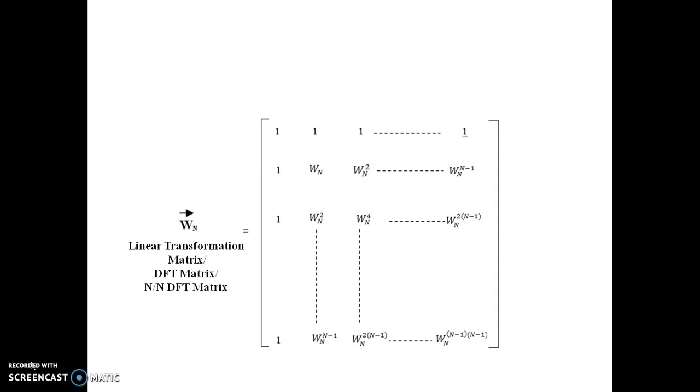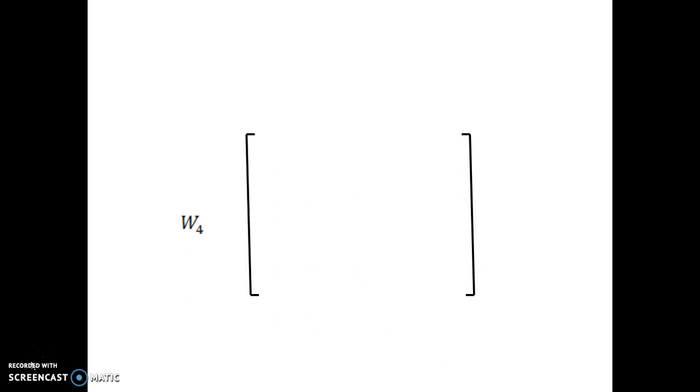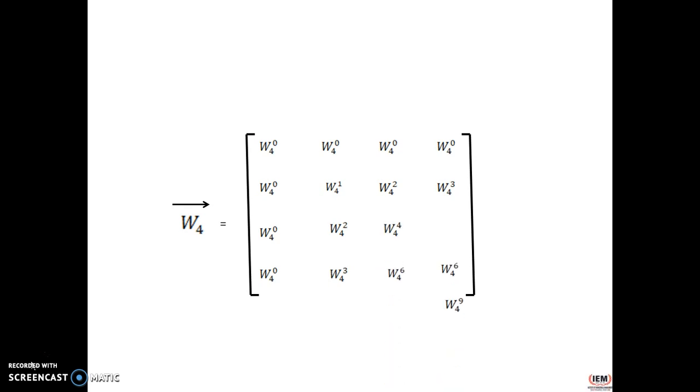As we have seen in the WN matrix, in place of N, if we write 4, then W4: in place of the first entry we write 1, then W14, W24, W34, W24 again, then W44, W64, and in the last row W34, W64 and W94.